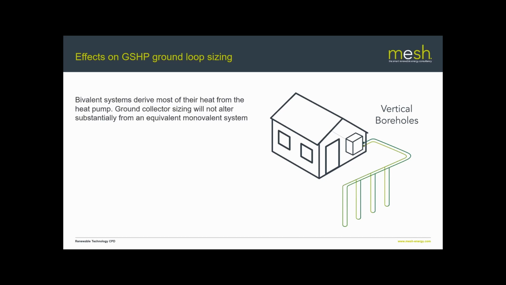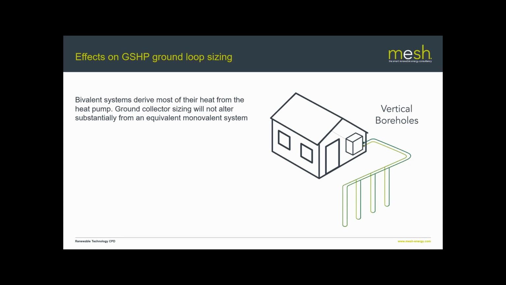So bivalent systems derive most of their heat from the heat pump. As you know, when you're sizing a ground source heat pump, most of the cost of installation on ground source actually goes into putting the pipes in the ground. It's one of the biggest single cost factors in the whole installation.